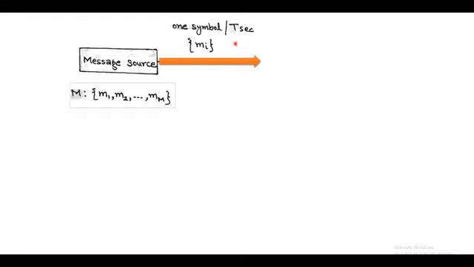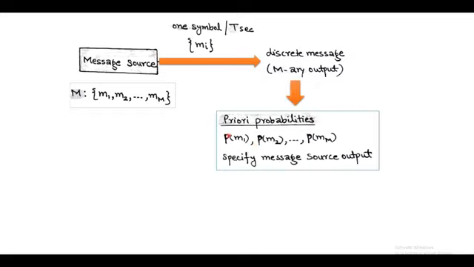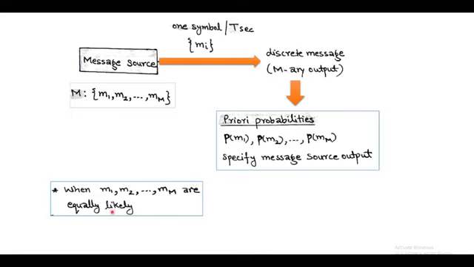These discrete messages are called M-ary output, with each discrete message having corresponding probabilities p(m1), p(m2) up to p(mM), which are called a priori probabilities. Also, when all discrete messages are equally likely, then the probability of each M-ary output message is 1 upon capital M, for all values of i.